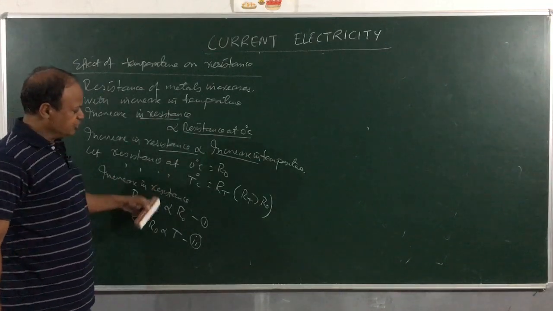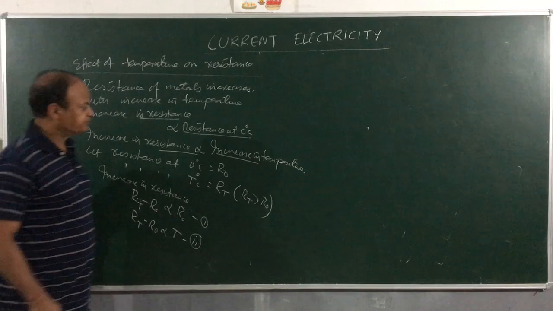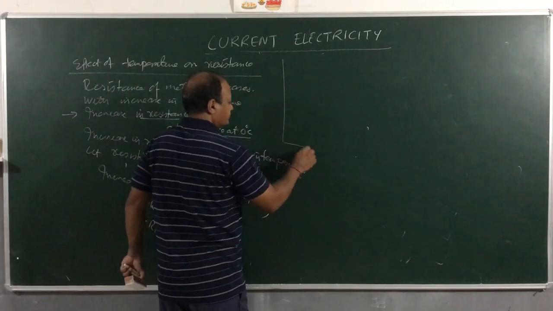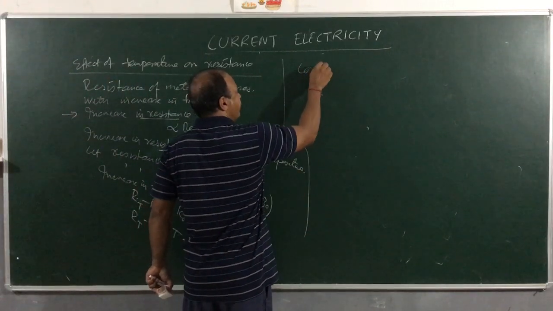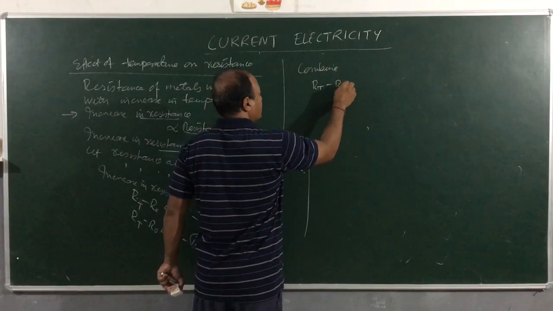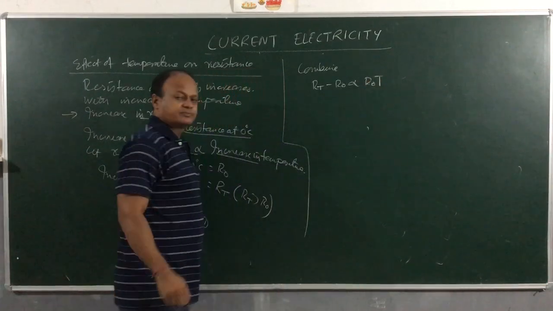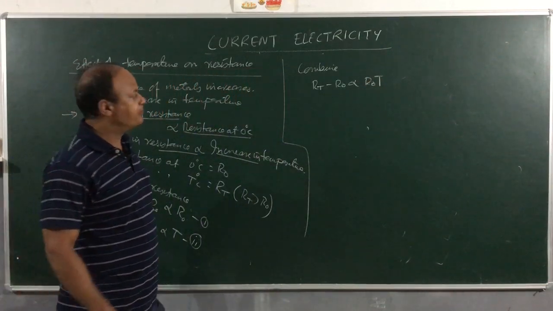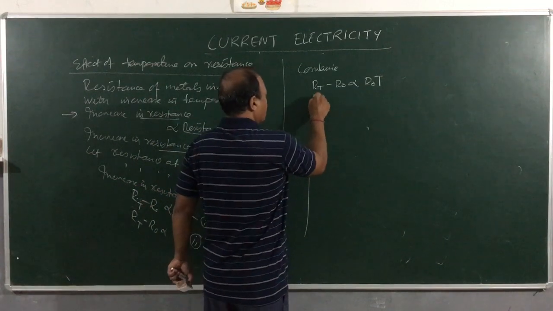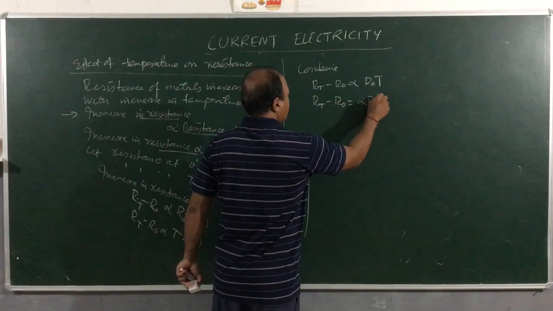If I combine these two relations, we will get RT minus R0 is directly proportional to R0 into T. Clear? RT minus R0 will be equal to alpha into R0 into T.